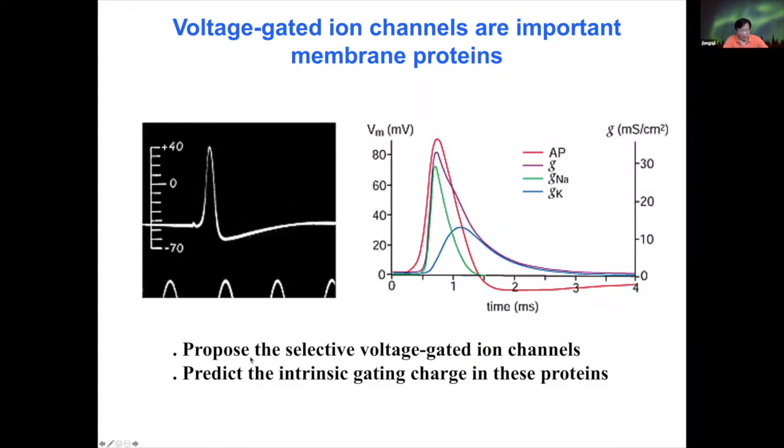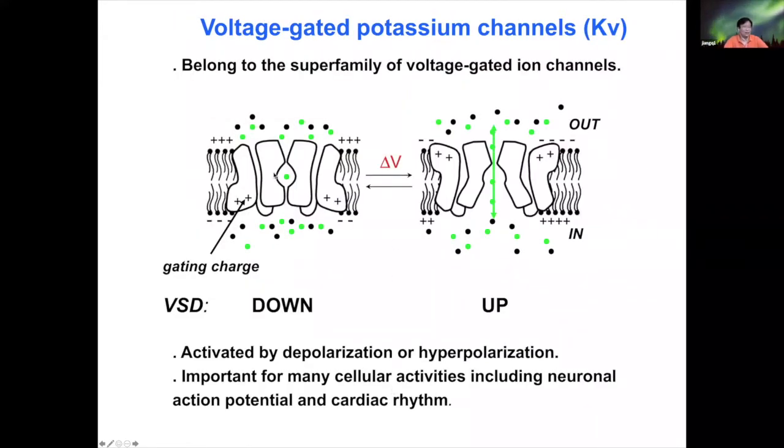So they made two predictions. There must be voltage-gated and highly selective sodium and potassium channels. And second, these channels must have intrinsic gating charge that is responsible for sensing the change in transmembrane potential. In general, these channels work like this.